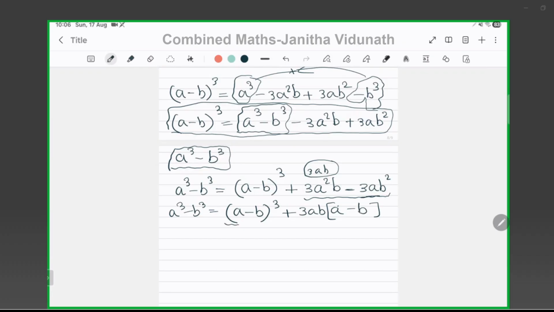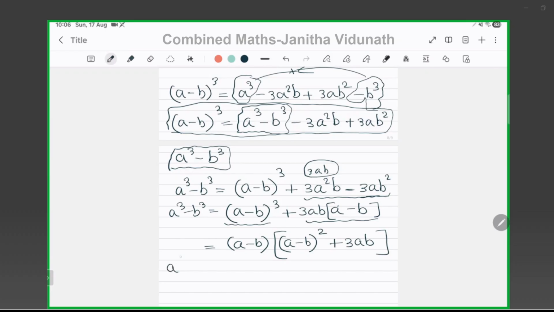Then we can see both these terms have (a minus b) as a common term. If we factor out this term, then (a minus b) whole square remains, and here 3 times ab is remaining.